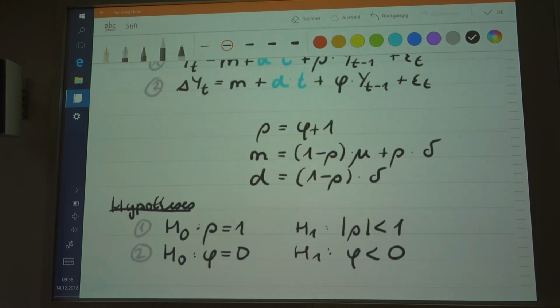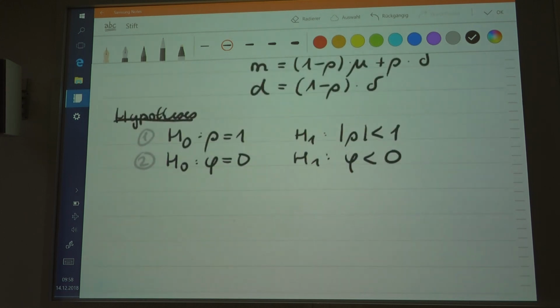So if the alternative hypothesis is true, then the process will be trend stationary, obviously. So the alternative suggests that y is trend stationary, okay?